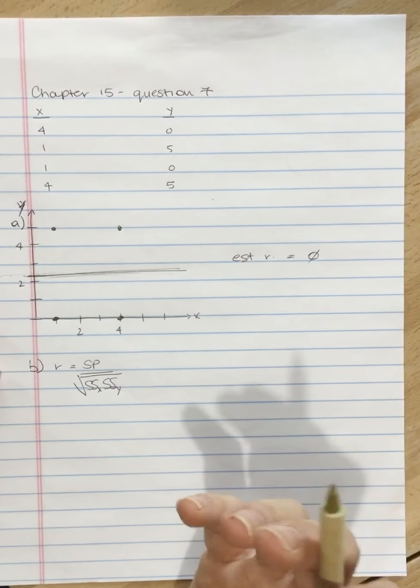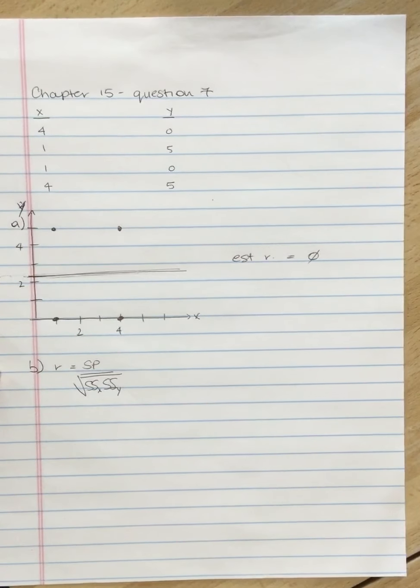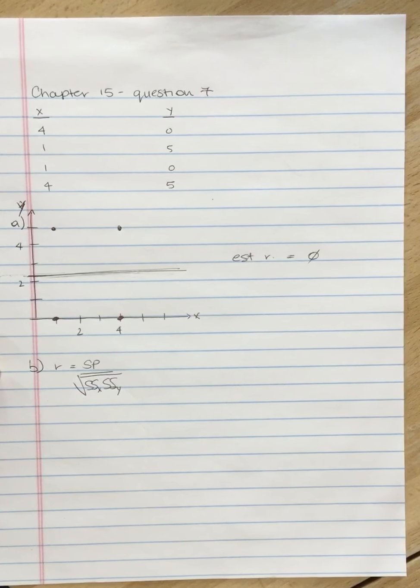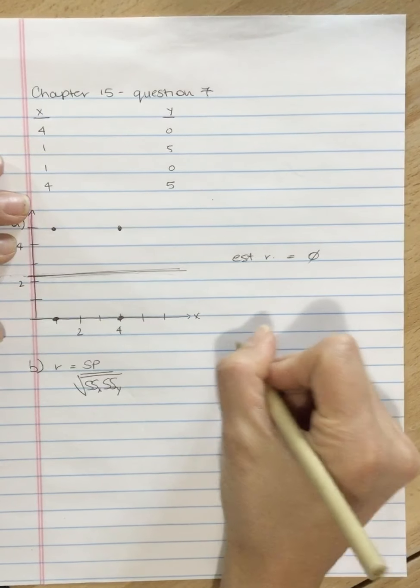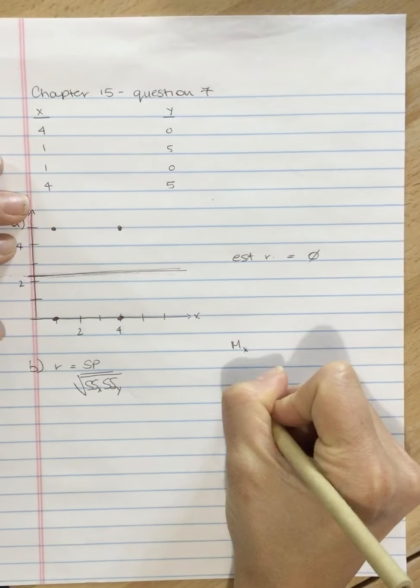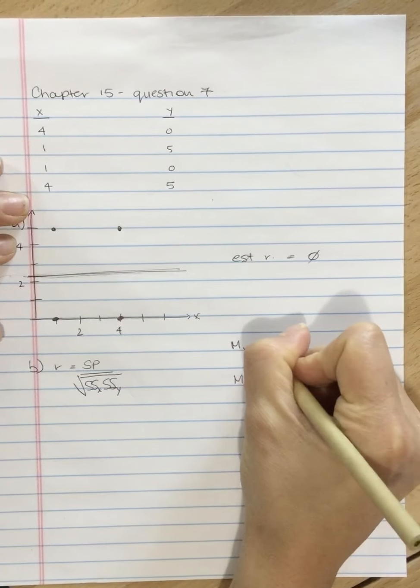In order to do that, we can either use the computational formula or the definitional formula, and we'll use the definitional formula this time around. So in order to use the definitional formula, we need to find the mean of x and the mean of y.